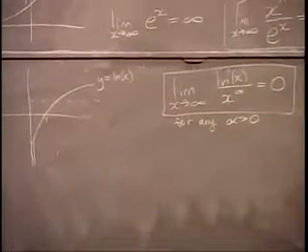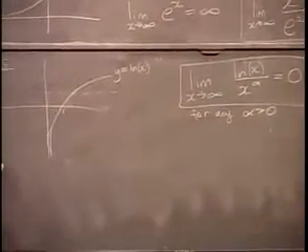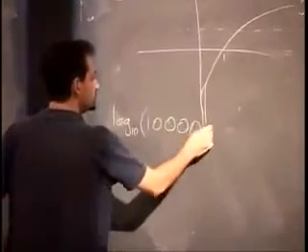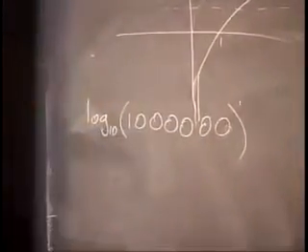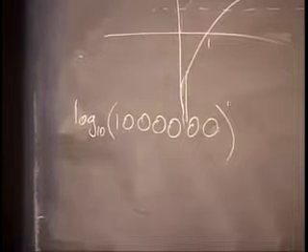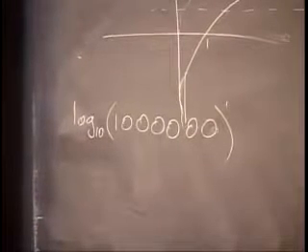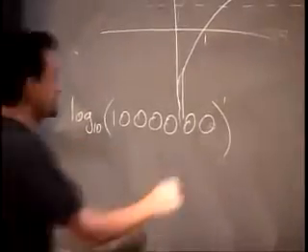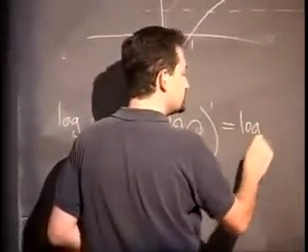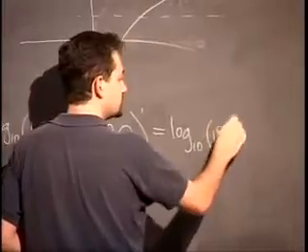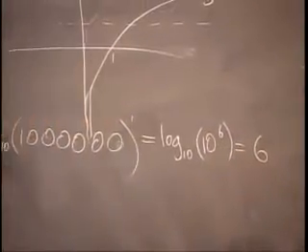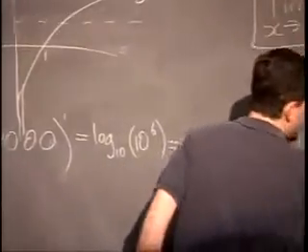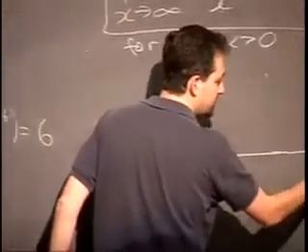One way to see this, by the way, suppose I take log base 10 of 1,000,000. Who knows what that is? 6. It's 6, right? Because this is 10 to the 6. Okay? So if I graph 1,000,000, 1,000,000's a long way out.